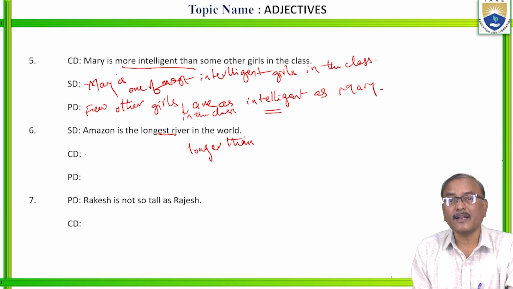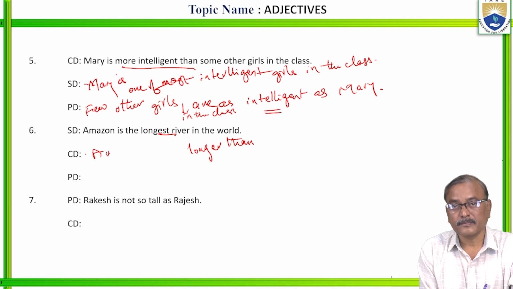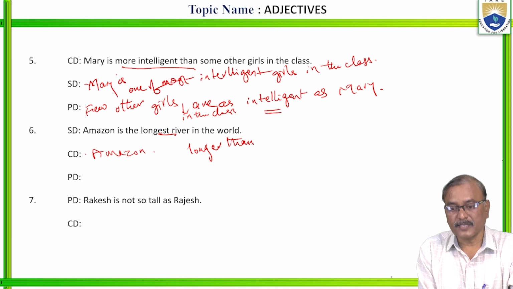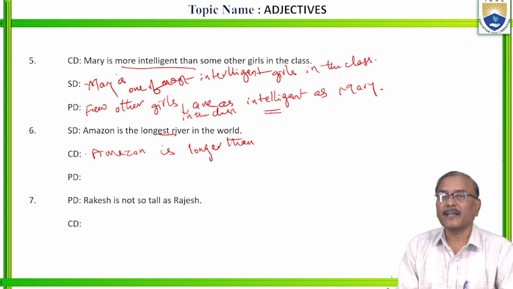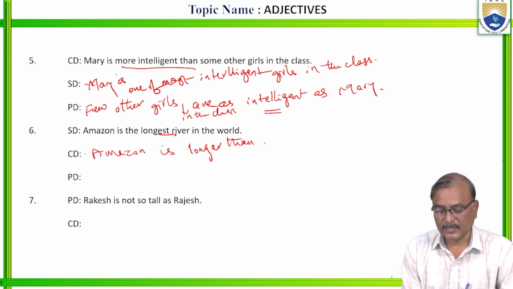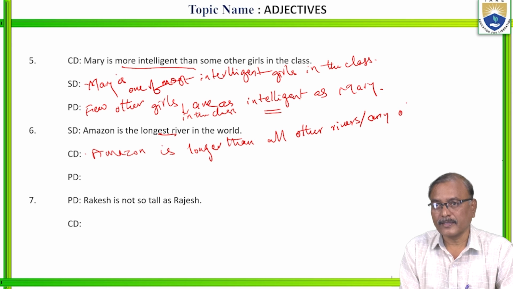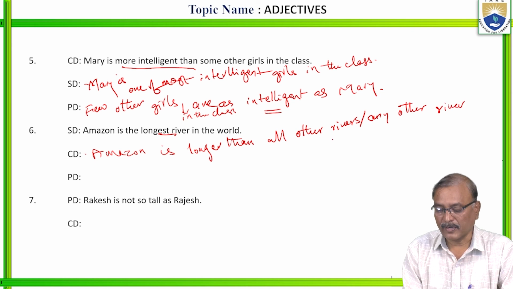Which is longer? Amazon. Amazon is longer than all other rivers, or you can say any other river in the world.